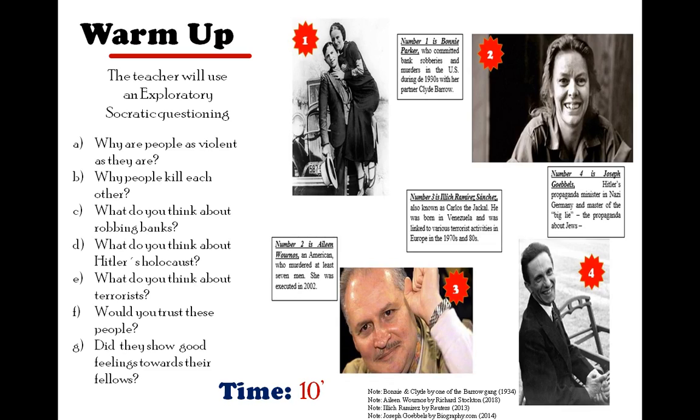The teacher will ask them to discuss questions like: why are the people as violent as they are, etc. Each pair of students will discuss one question. After this discussion, the teacher will ask them to share their conclusions with the rest of the class. They will have only 10 minutes for this activity.